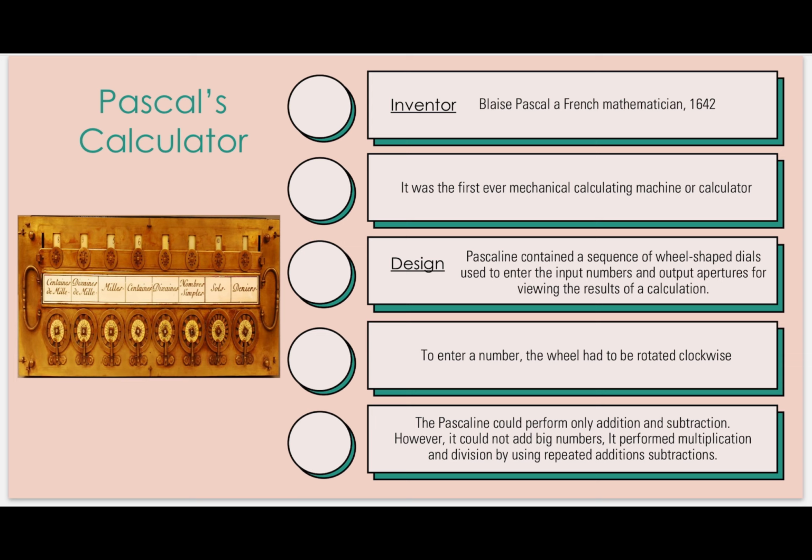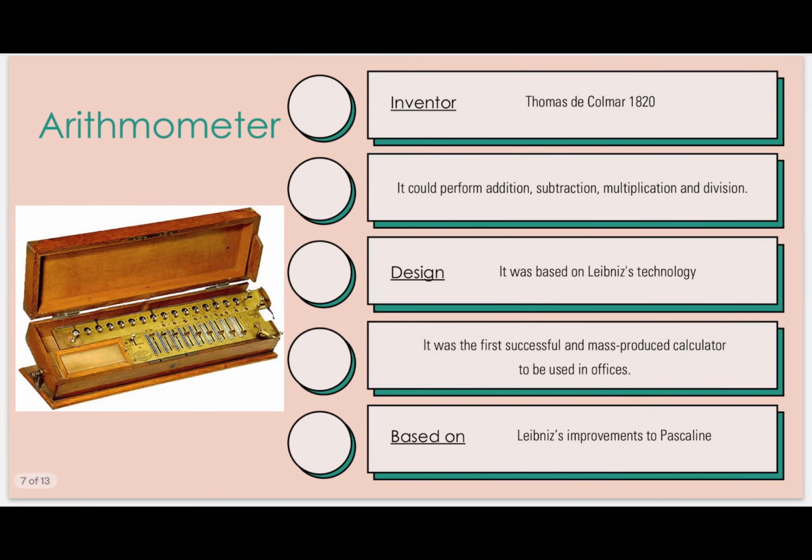These wheels rotate in clockwise direction, and we could perform only addition and subtraction easily. But with the Pascaline we could not perform multiplication and division. If we need to perform those, we need to repeatedly do addition for multiplication and subtraction for division, and it could hold up to only 8 numbers, not more than 8 numbers.